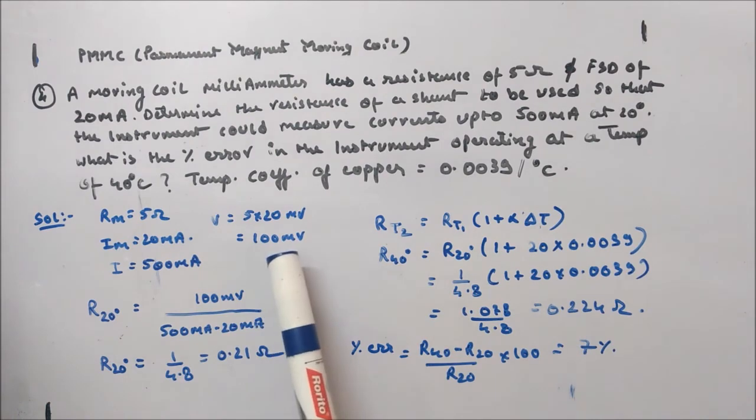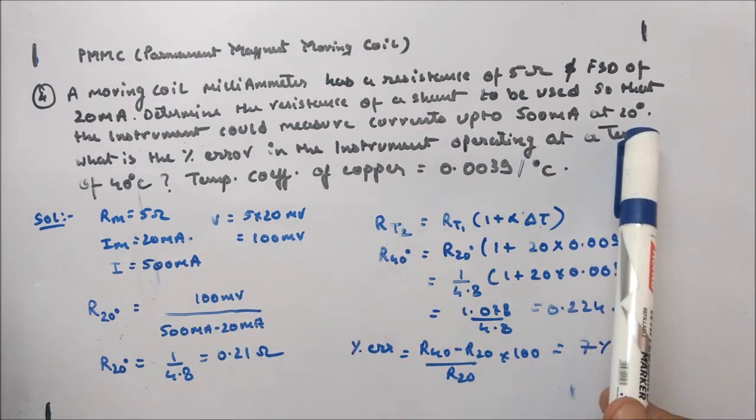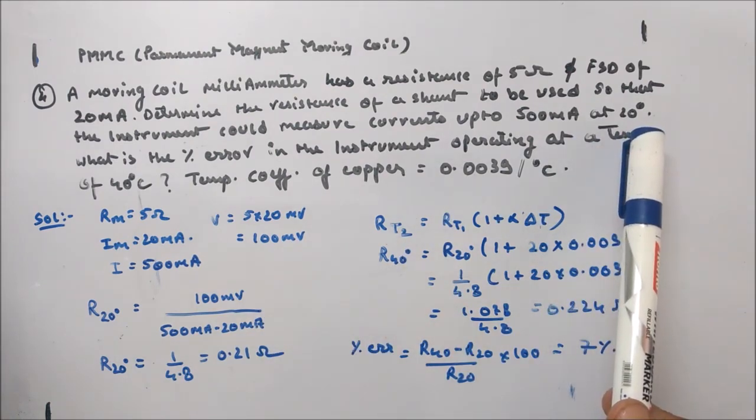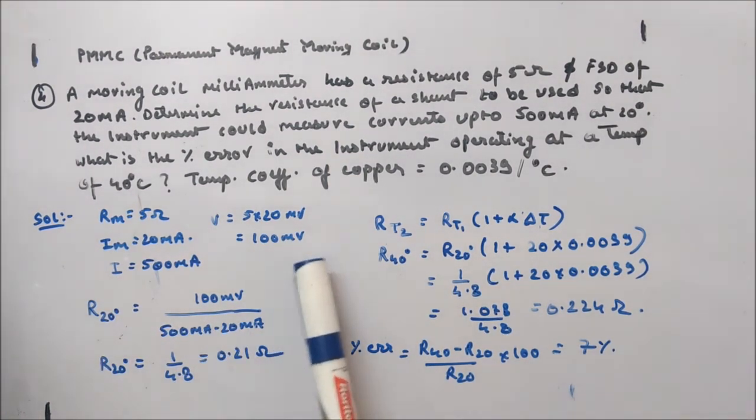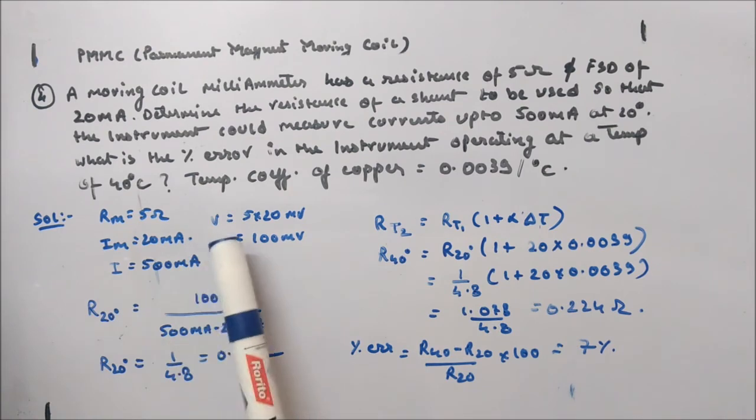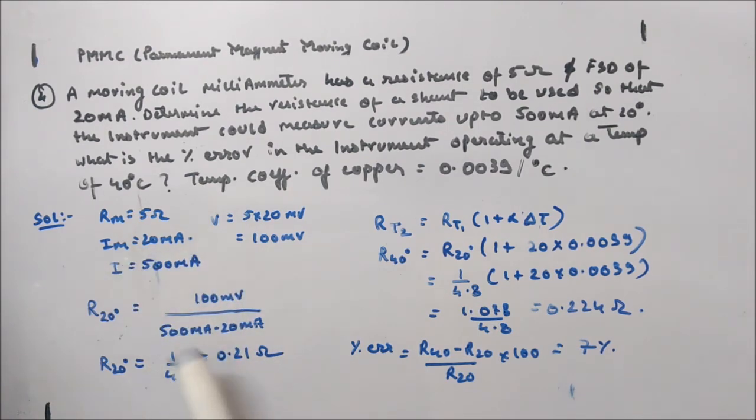Now using this voltage, you can calculate the shunt resistance at 20 degrees Celsius, that is the voltage 100 millivolt divided by the difference in the current, I minus Im. So 500 milliampere minus 20 milliampere, that comes out to be 1 by 4.8, which is nothing but 0.21 ohm.